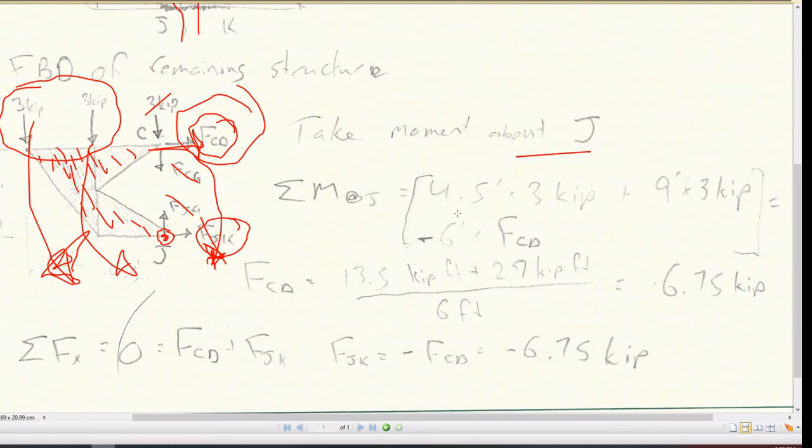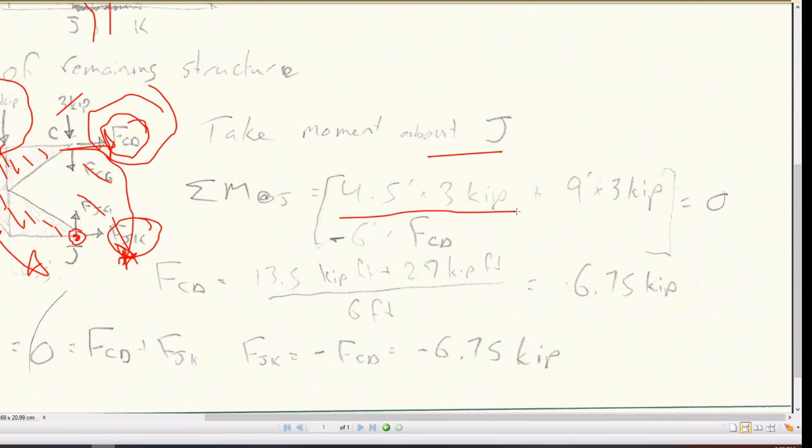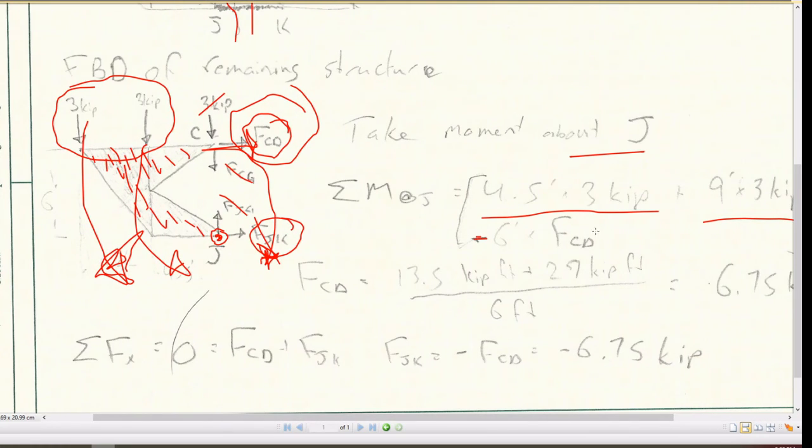So we've got 3 kips by 4.5 feet, plus 3 kips by 9.5 feet, minus the 6 feet times FCD. So again, 6 feet here, and then 4.5 feet from here to here, and another 4.5 feet from here to here.